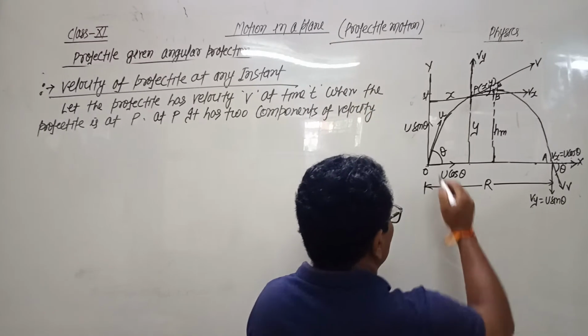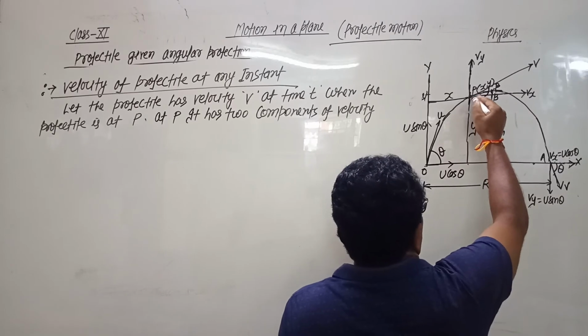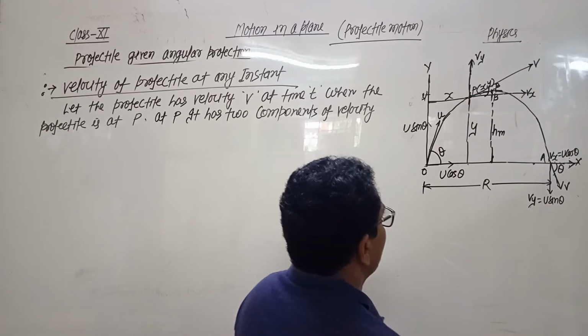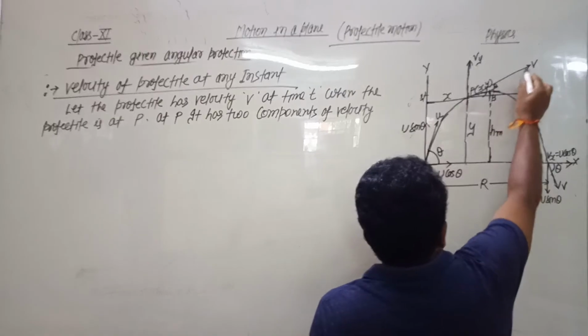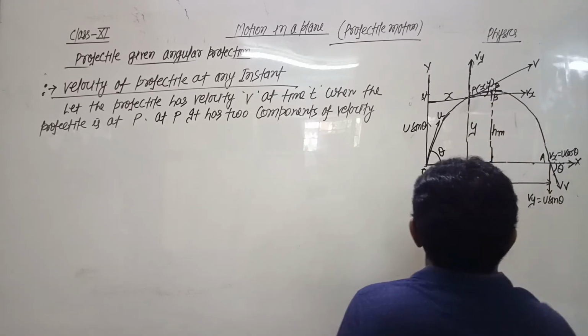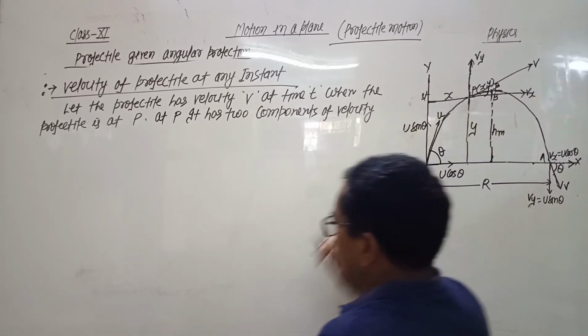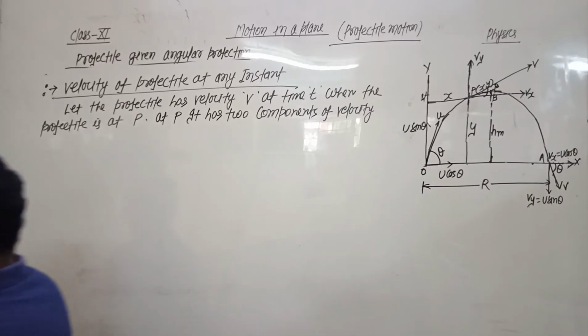After time t, the projectile reaches point P, and the velocity v has two components: horizontal component vx and vertical component vy.